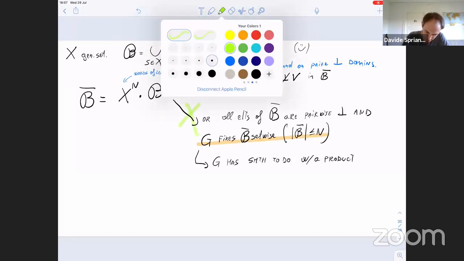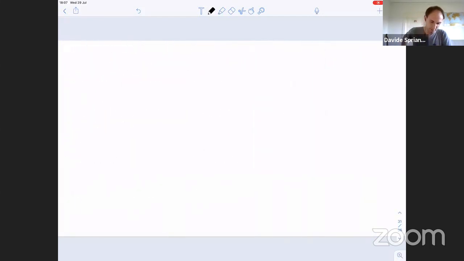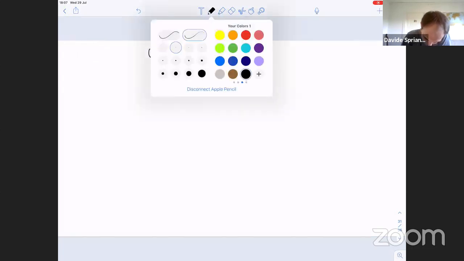So suppose that this is what is going to happen. So assume we found V, U not orthogonal inside this B bar. So what does it mean? Well, we have that U is not orthogonal to V, but what are U and V? Let's remind ourselves.